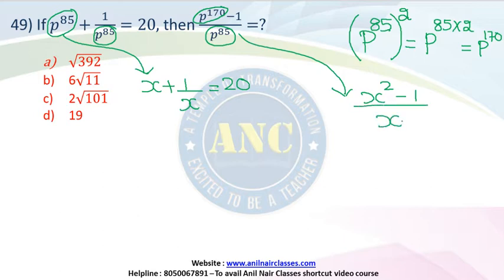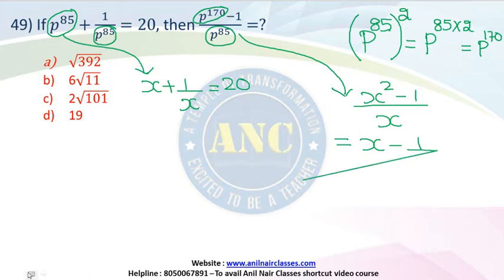Or in simple language, instead of x square minus 1 divided by x, I can further simplify that as x square by x is x, minus 1 by x. Is it not easy, sir? You know the value of x plus 1 by x as 20. Indirectly they are asking you to find the value of x minus 1 by x.